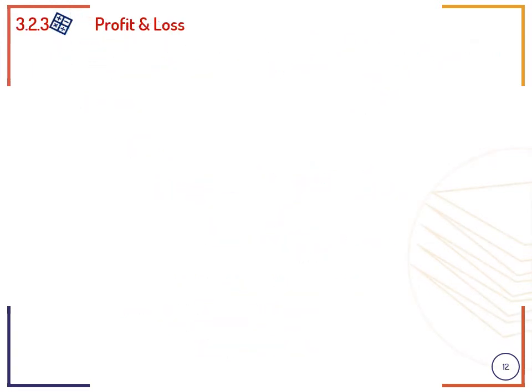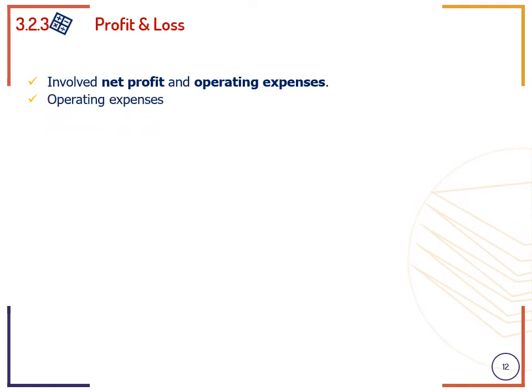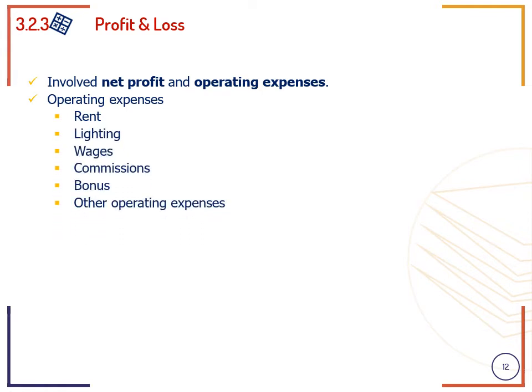Next subtopic, profit and loss. In this section, we shall discuss net profit and operating expenses. Not all business make money. A business incur operating expenses such as rent, lighting, wages, commissions, bonus, and other operating expenses. The markup must be able to cover the operating expenses.